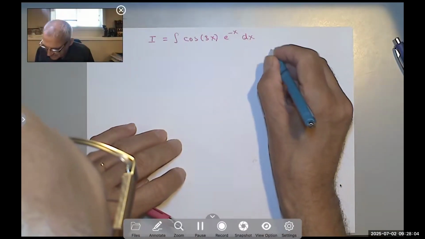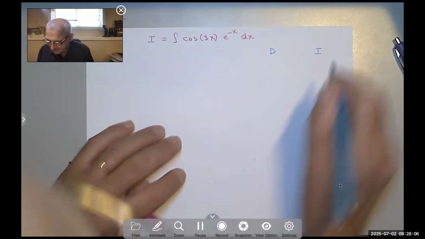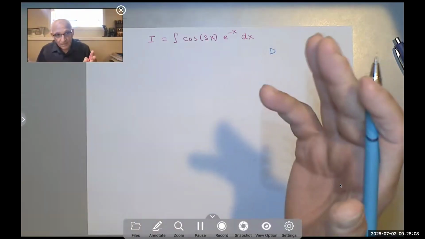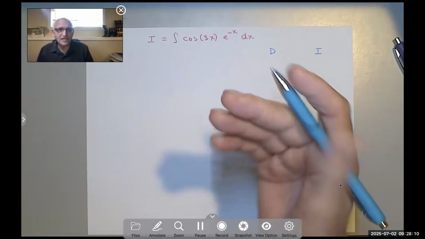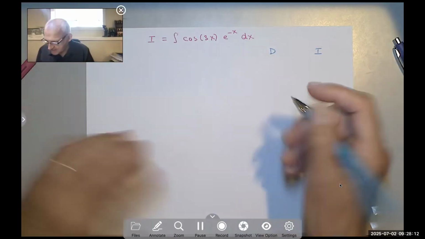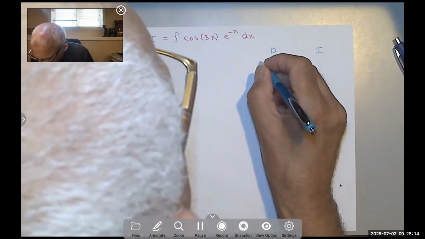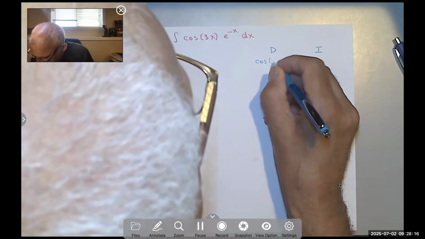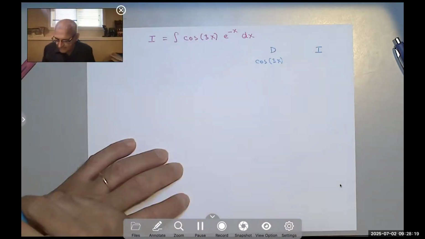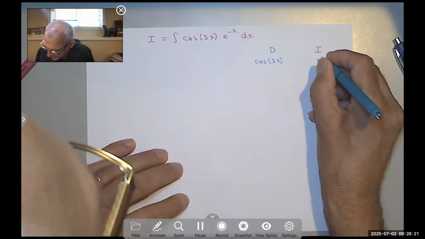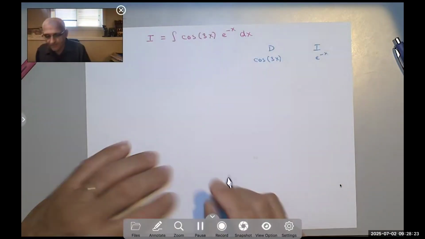We are going to say d and I. We can do it two times, but I don't think it matters. So I'm going to use cosine of 3x as the differentiable part and e to the negative x as the integral part.